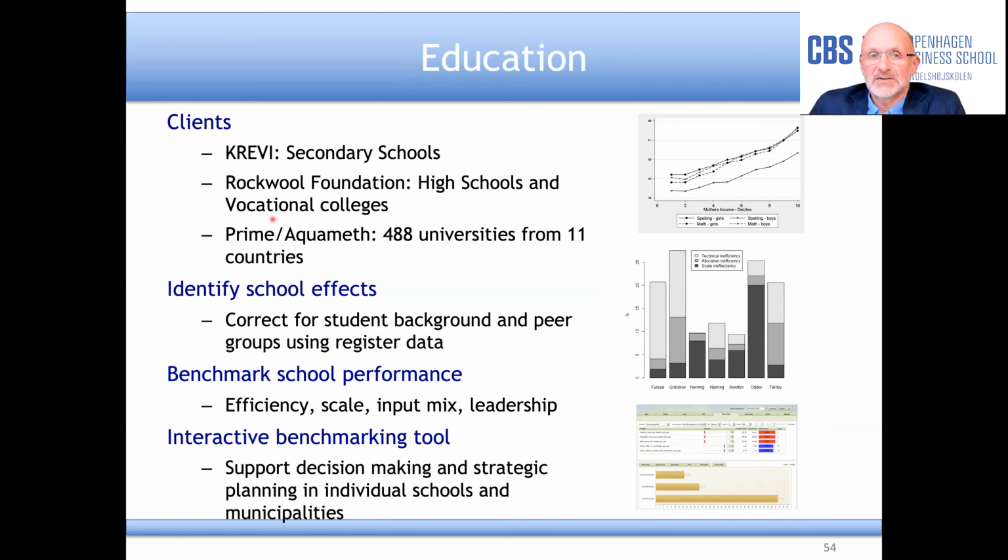So for 60,000 students, we take the grades they get and we try first of all to explain that by the father's education, the mother's education, the age of the parents, whether they're divorced or not, what kind of education they have, and what kind of income they have. That's possible in Denmark because we have these detailed register data and we're allowed to combine them.